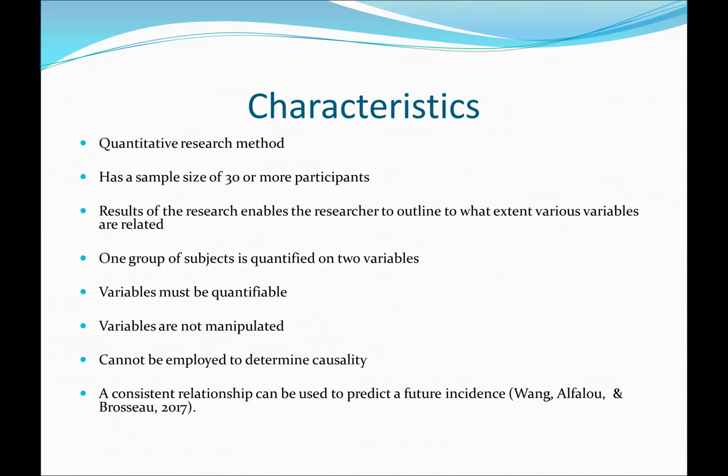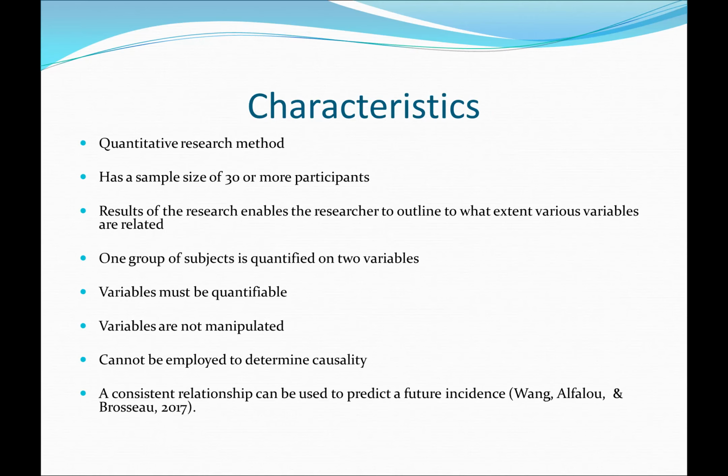So what are the characteristics of a correlational research study? Well, in quantitative research, there are three major types of research. There's descriptive, experimental, and correlational. So usually the variables are quantifiable.